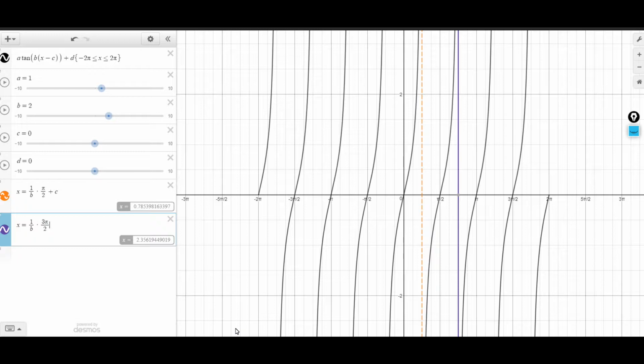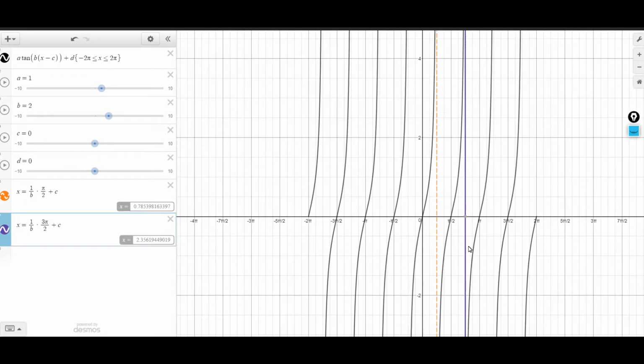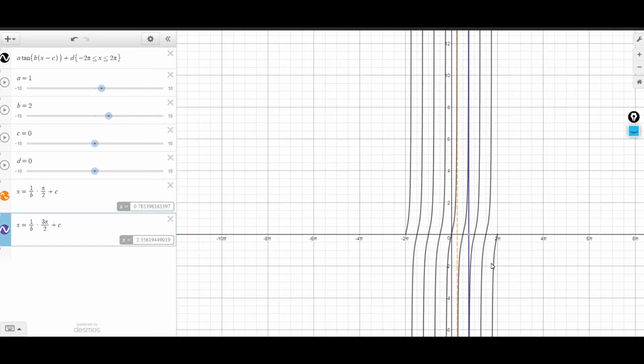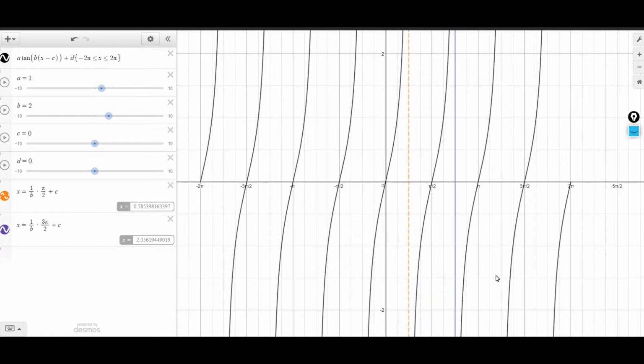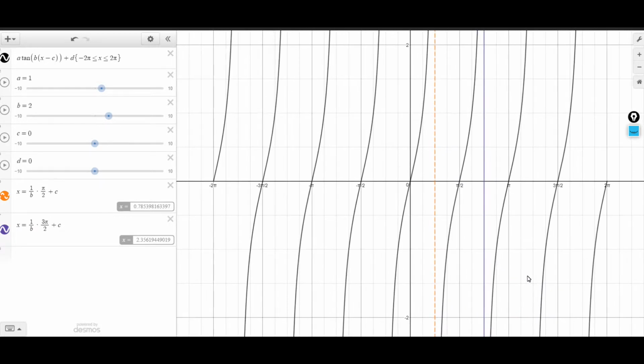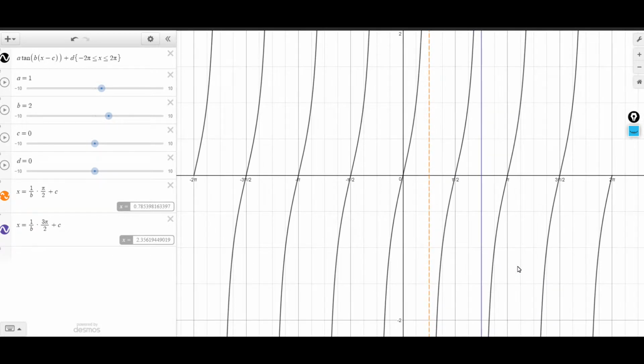And the plus C isn't changing anything right now. That looks like it might be where my graph is. I can't tell you the formula, I don't know how this works yet.